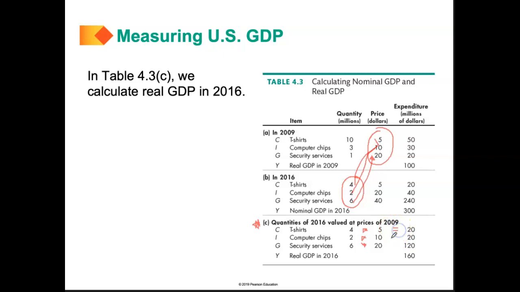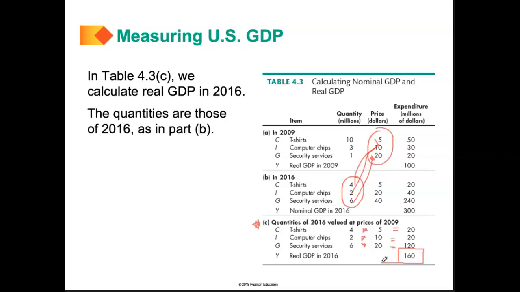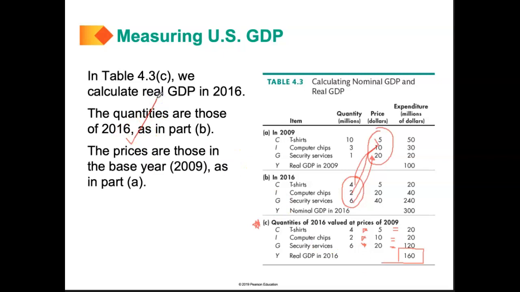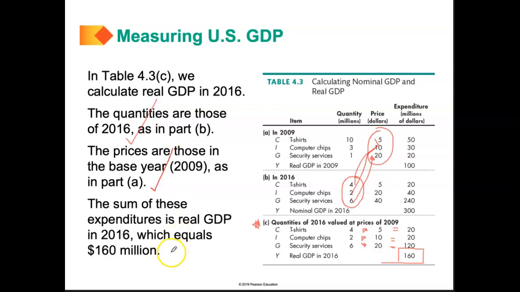Then we get 20, 20, 120, so real GDP is going to be 160. Again, use the quantities in 2016 with the prices in the base year, and we sum these expenditures up, and it gives you the real GDP in 2016.